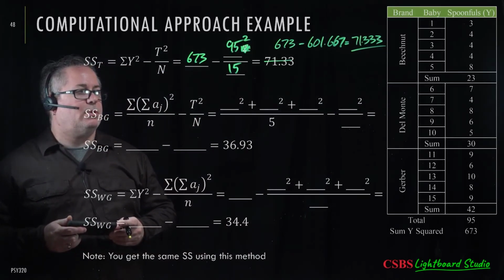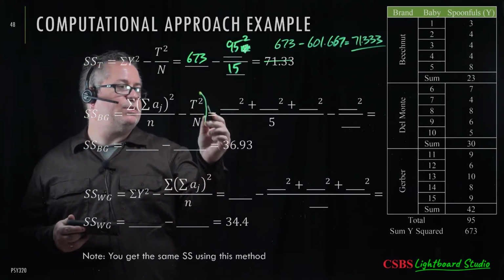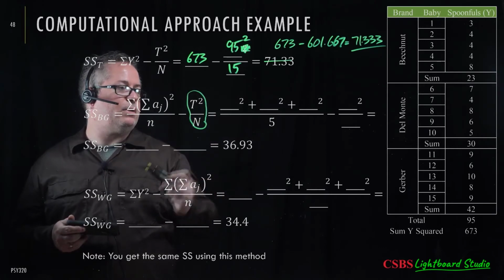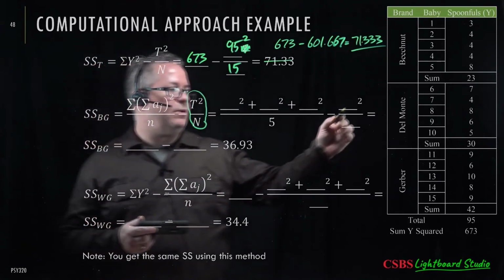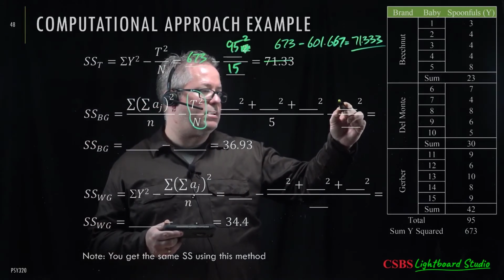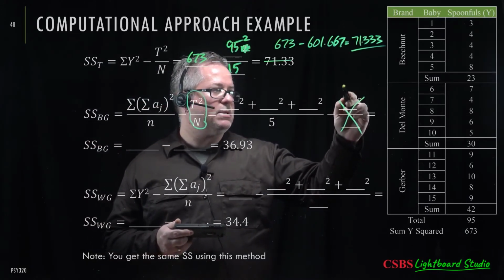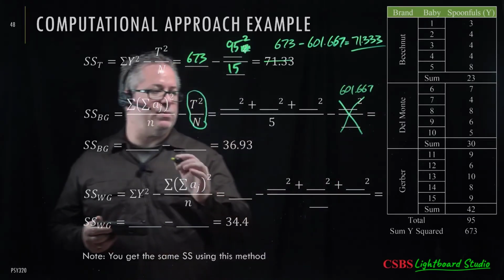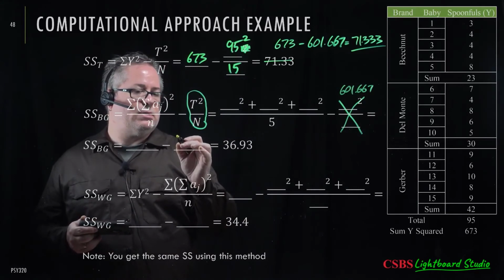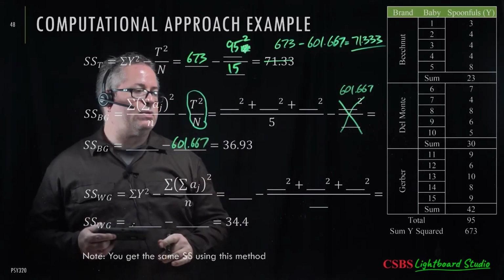So if I look here where it says the next one, I have to have another t squared over n. Well, I don't even have to do this part to subtract t squared over n. I know that this is 601.667, which means I can put it here too. 601.667 goes there.